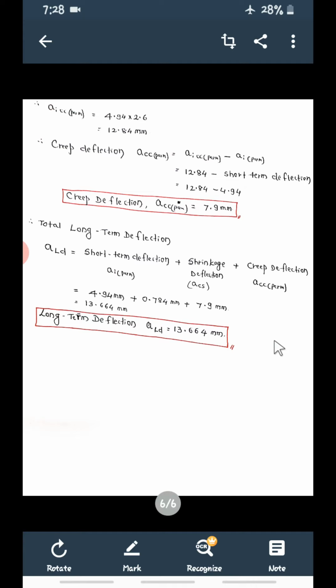Now we have solved two problems on how to calculate short term deflection and long term deflection. I request all of you to solve all the problems on deflection calculation, and try to write down all these formulas and attach them wherever you sit for study, and solve the problems once again.